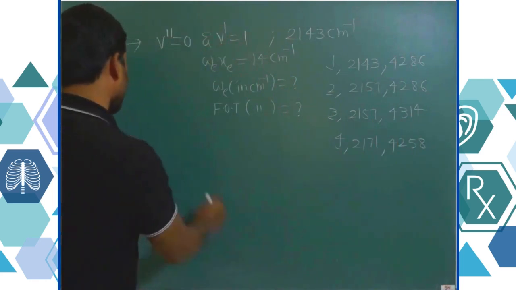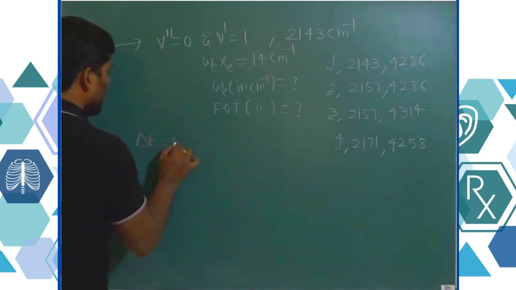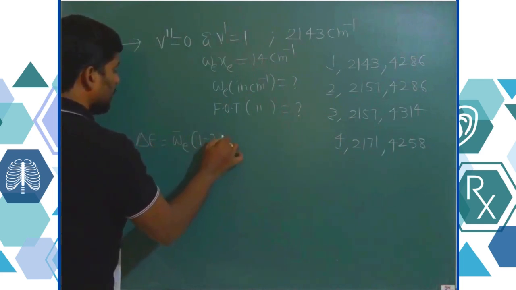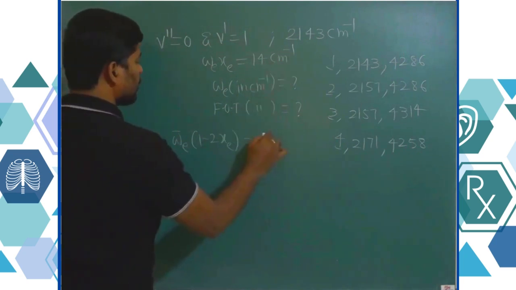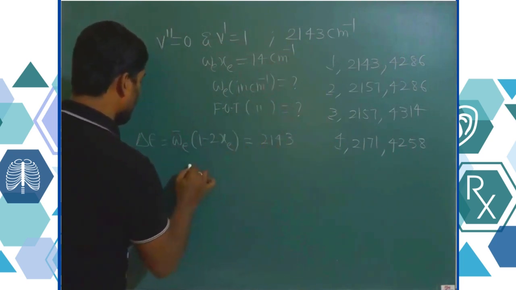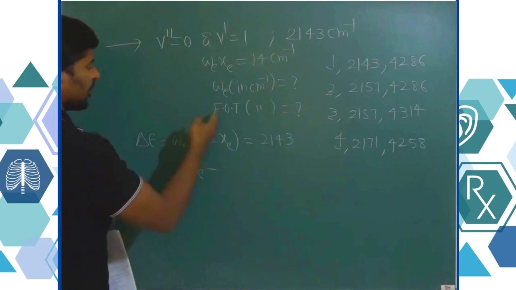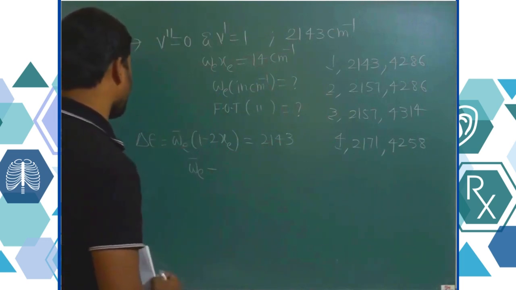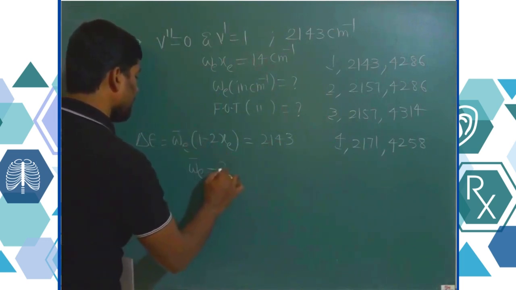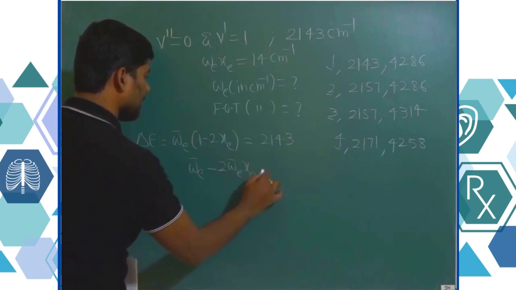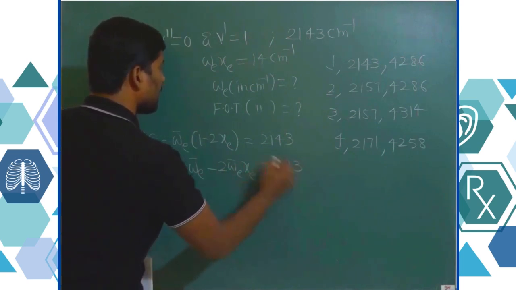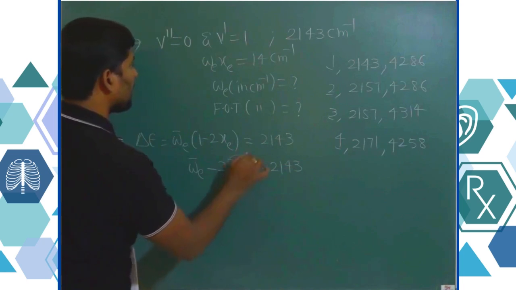For the fundamental transition, the gap is omega bar e into 1 minus 2xe, that is given as 2143. We indicated it with omega bar e, but here it is mentioned as omega e. So omega bar e minus 2 omega bar e xe is equal to 2143.